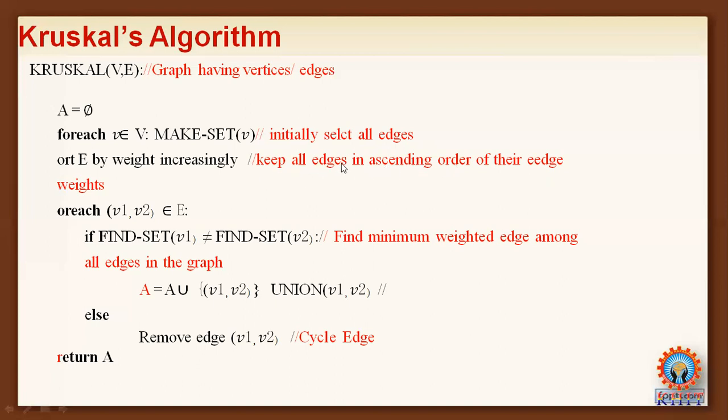Keep all edges in ascending order of their weights. Then find the minimum weighted edge among all the edges in the graph.